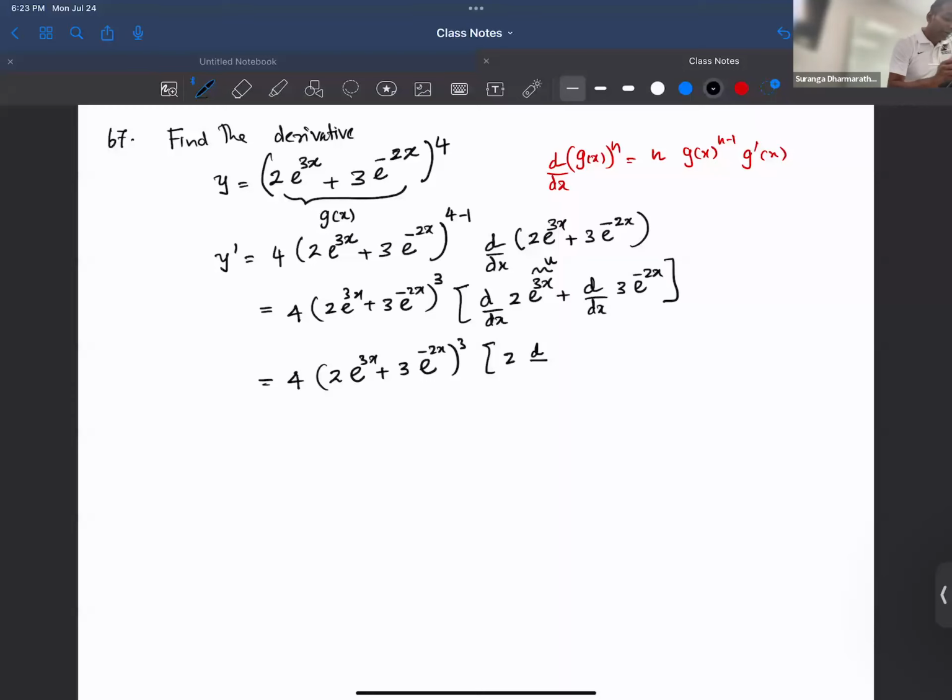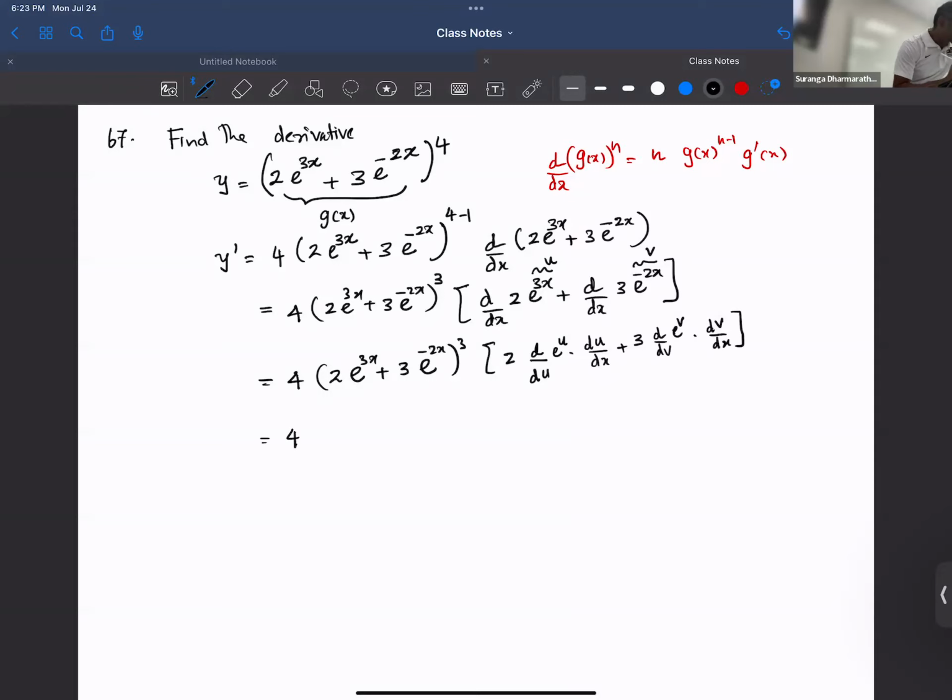If you use the chain rule, you cannot use the power rule, but you can put the chain rule: 2 d over du of e to the power u times du over dx, plus, you can take 3 out, and again take negative 2x as v. Then d over dv of e to the power v times dv over dx.